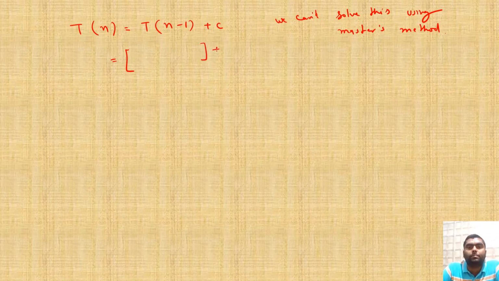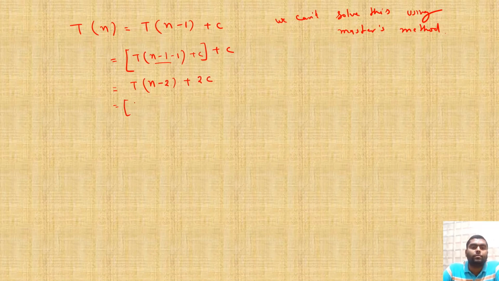So T of n minus 1, so T of n minus 2. Or otherwise let me write it specifically, then it is very much clear: T of n minus 1 minus 1. So this is the substitution part, and plus C. Now what is the solution for this? The next step is T of n minus 2 plus C, and this C is going to be 2C.